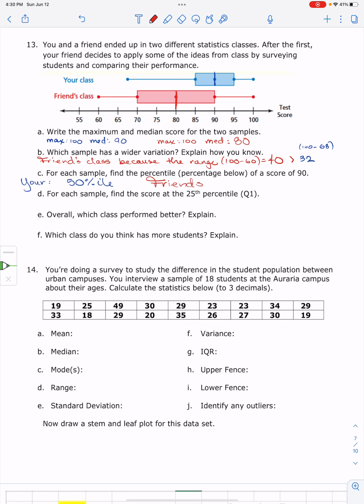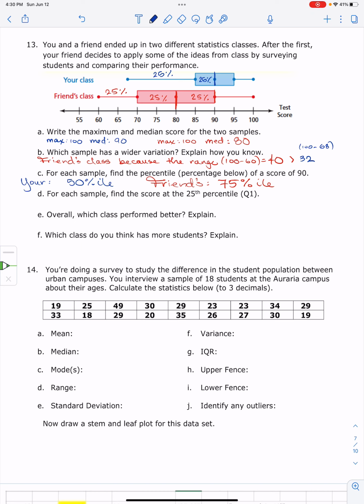And in your friend's class, we see that 90 is here at Q3. Remember that each chunk has 25% of the data. So your friend's class, that 90 is the 75th percentile. I'll label this one up here too.